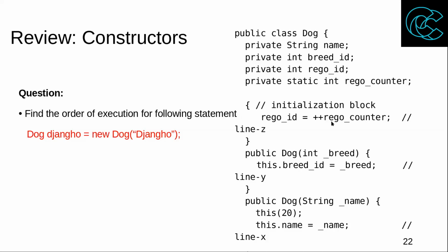So you can start this counter with 0, which is the default value of static ints, and whenever the constructor gets called, this also gets called. So you have this initialization which keeps happening.